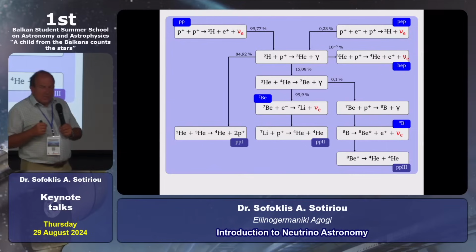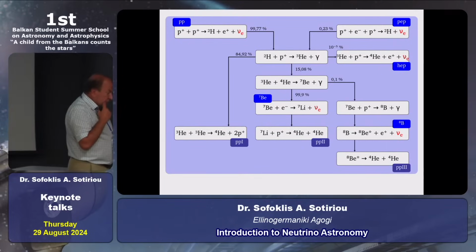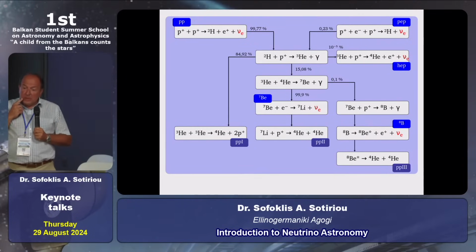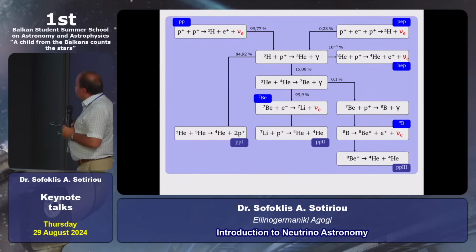So a number of such detectors were installed in Russia, in Japan, and in other countries, trying to measure the flux of neutrinos from the sun.